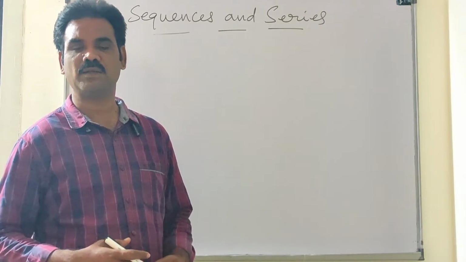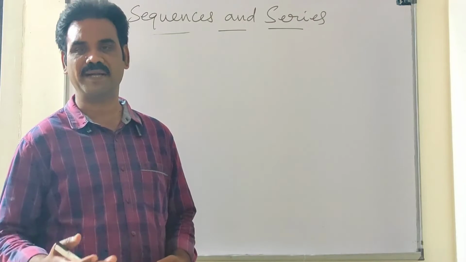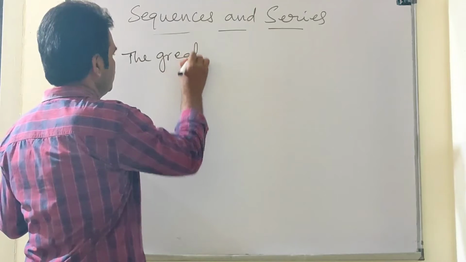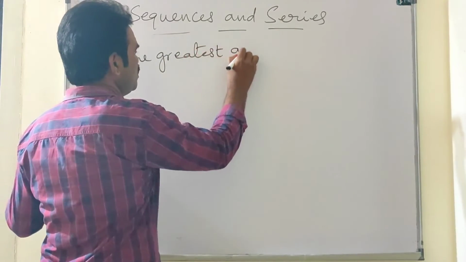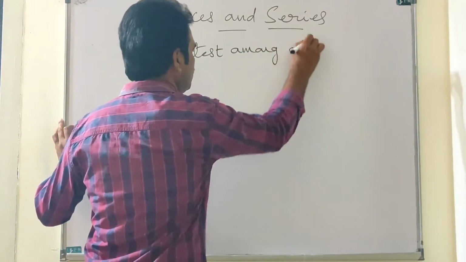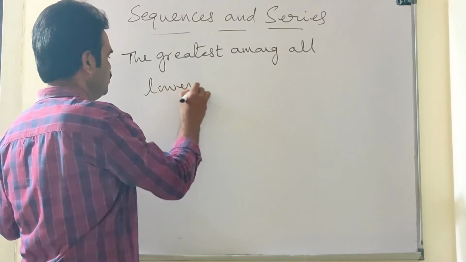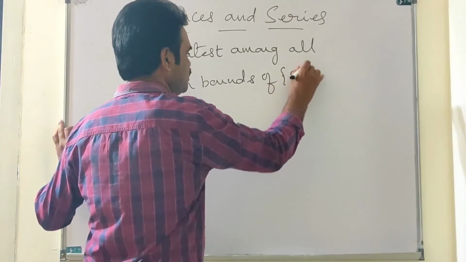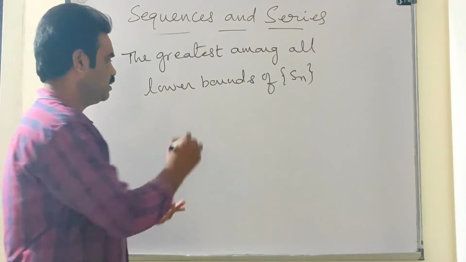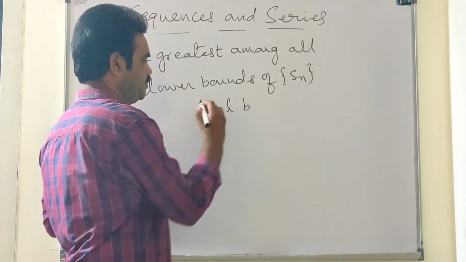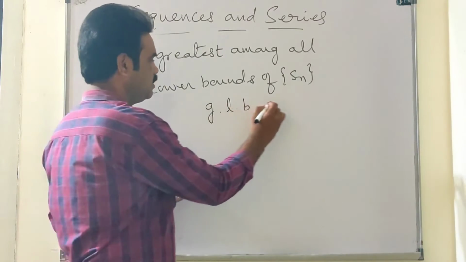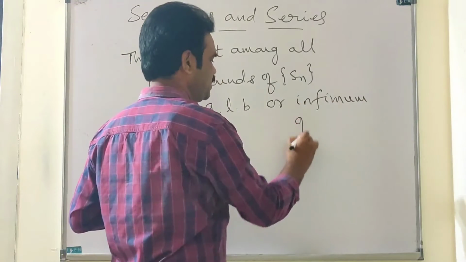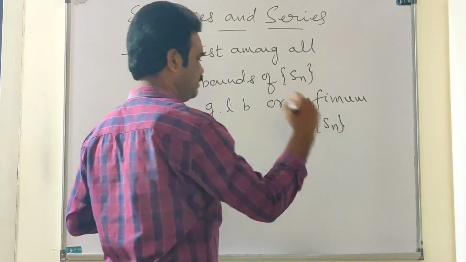The greatest among all the lower bounds of the sequence Sn is called the greatest lower bound, or simply GLB, or also called the infimum of the sequence Sn.